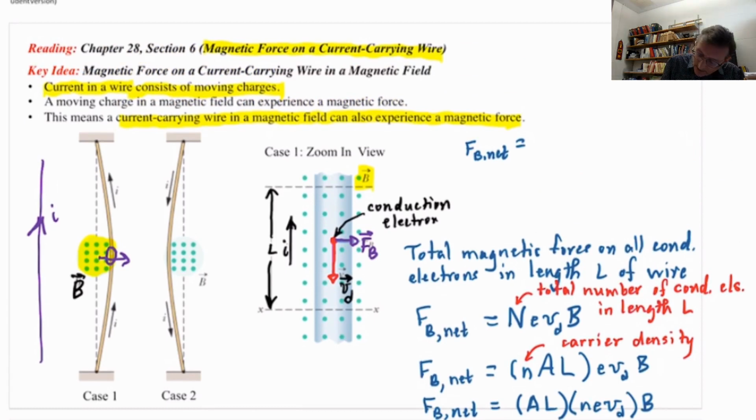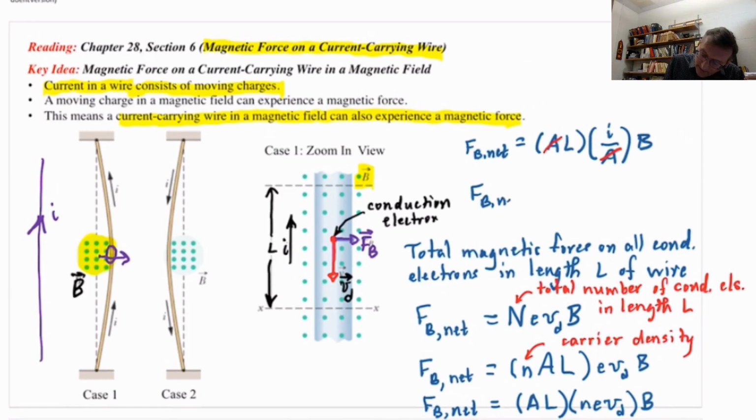So this is cross-sectional area times length, and then current density is total current I over cross-sectional area, times B. And then the cross-sectional area cancels out, and I get the magnitude of the net magnetic force on the length L of the wire. It actually just depends on three things: L, how much current I, and how strong the magnetic field B is.